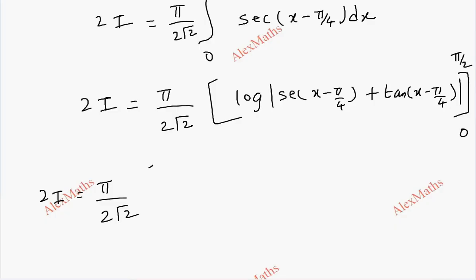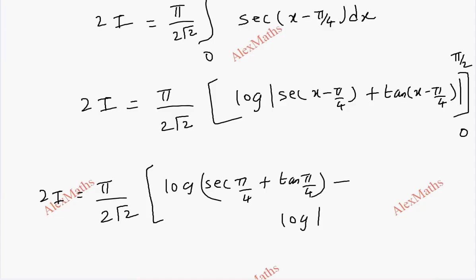When I use the upper limit, we get log of, pi by 2 minus pi by 4 is pi by 4, secant pi by 4 plus tan pi by 4. Then minus, when I use the lower limit, log mod secant, when I put 0, secant of minus pi by 4 is secant pi by 4 only, but tan of minus pi by 4 is minus tan pi by 4.